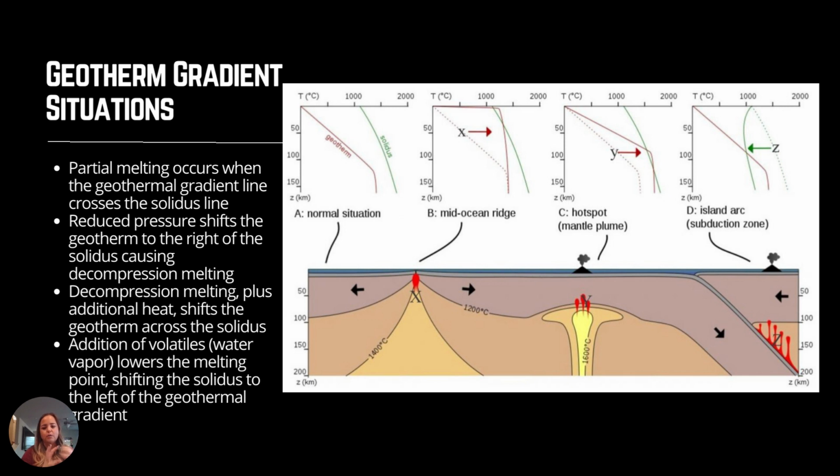So when hydrated rocks that have a lot more water in them on the subducting oceanic slab enter the mantle, that allows for a lot more vaporization, and the magma can upwell a lot quicker. That's going to cause things to melt a lot closer to the surface. Okay, so this is the geothermal gradient and the different situations depending on where you are at the different plate boundaries available on Earth.